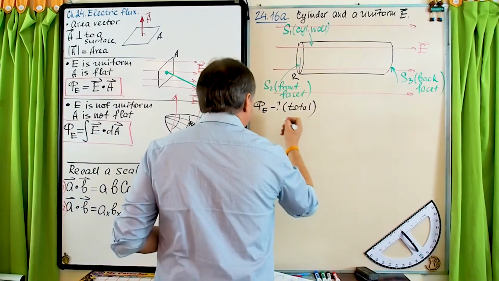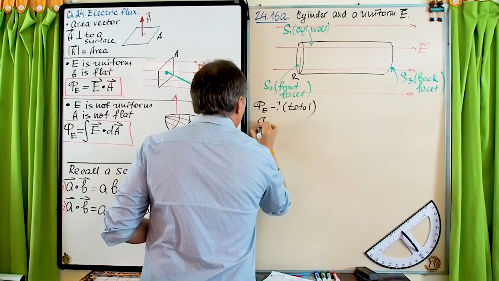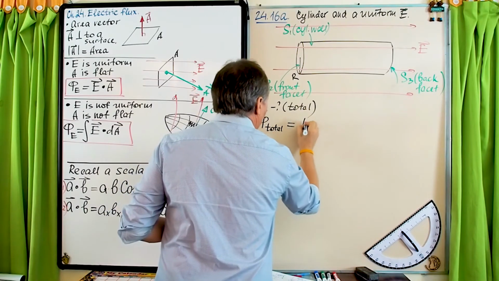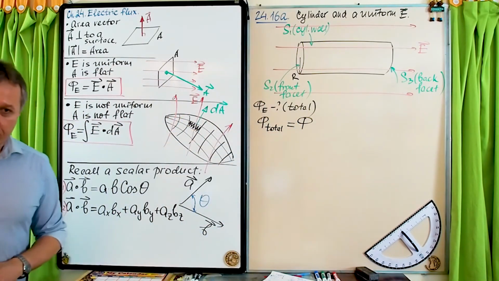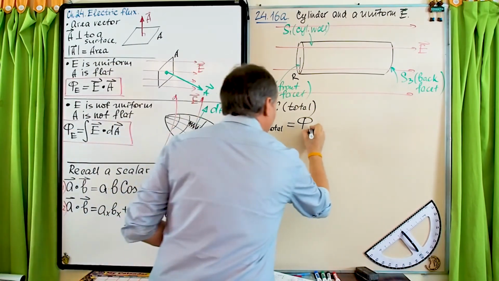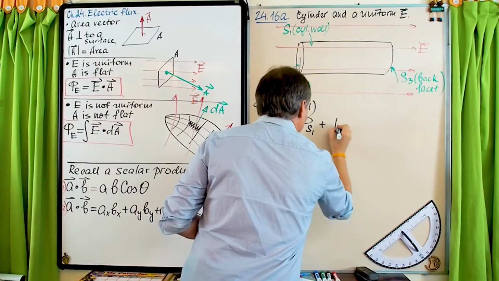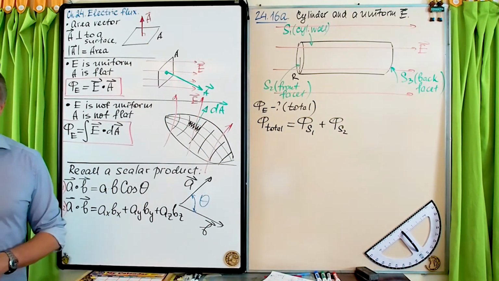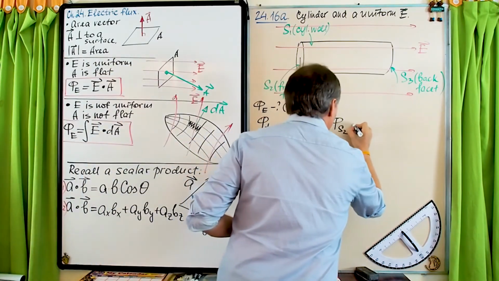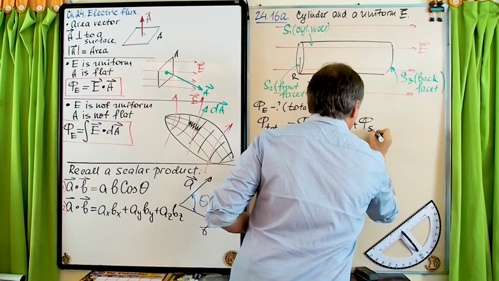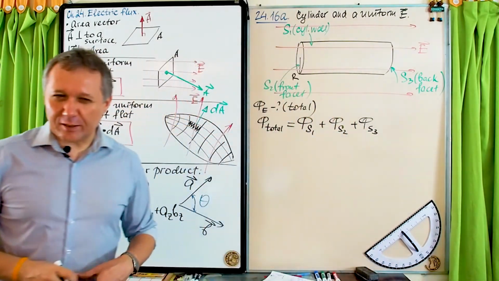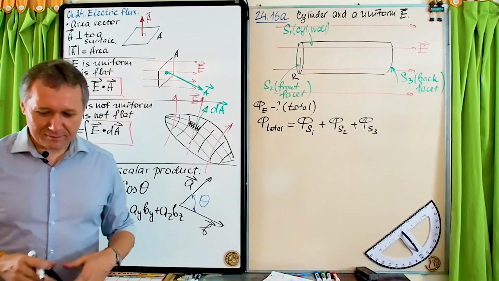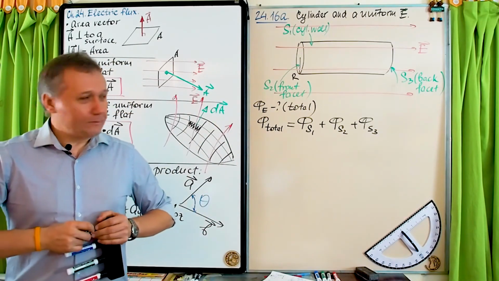So now I can write that the total flux is equal to the flux through the surface S1, the cylindrical wall, plus the flux through the front facet, plus the electric flux through the back facet. I dropped the subscript E because there are too many subscripts in this case. It's not needed at all.